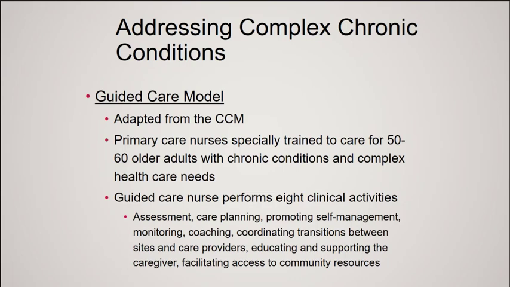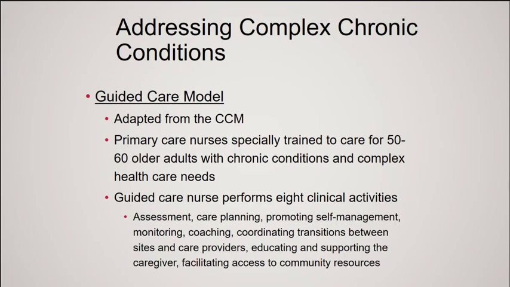Now, before we start looking at the Pedro scale criterion and the assigned article, I want you to remember that one of the criticisms of the original chronic care model was that there's less evidence that it's applicable to complex chronic diseases. On this slide, I'm introducing, or reintroducing, the guided care model, which is an extension, really an adapted form of the original chronic care model, and it addresses the issues of complex chronic conditions.